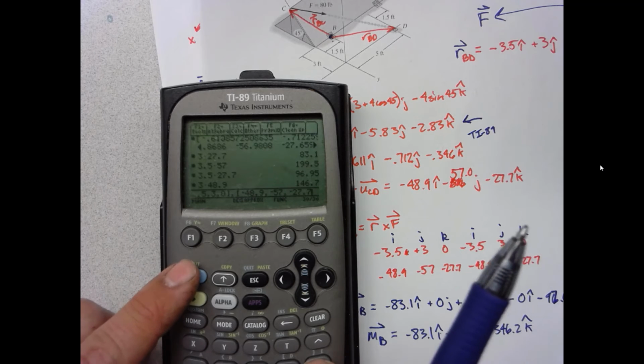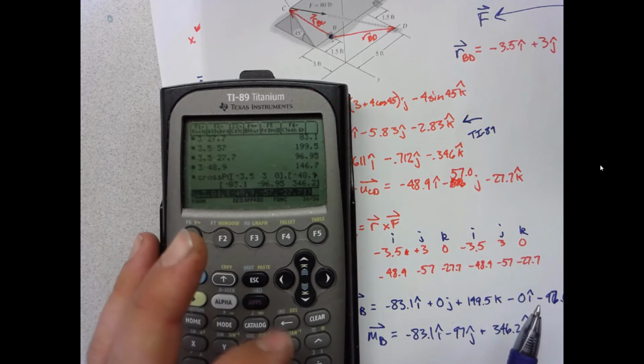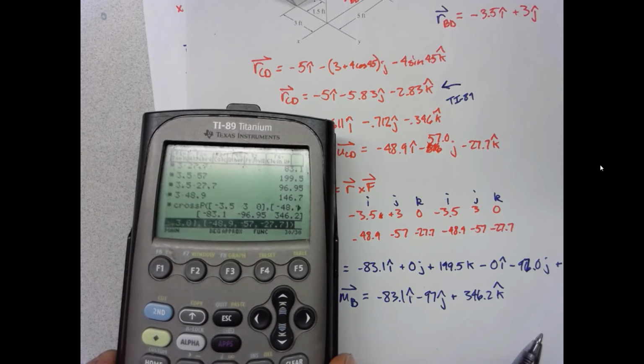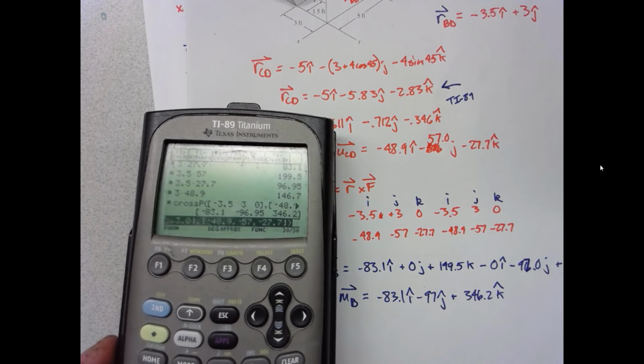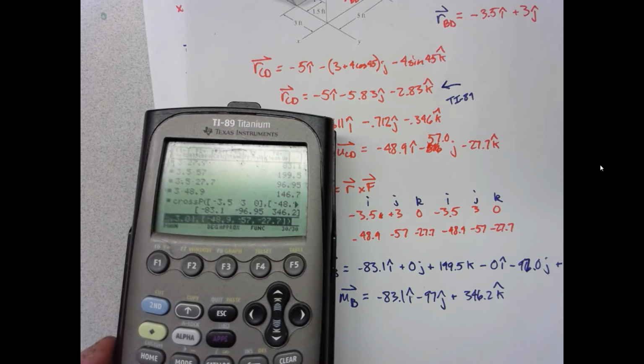And then I close that bracket and close the parentheses and hit enter, and I get something that looks pretty close to what I've got there. That's 83.1, 96.95, 346.2. So I got the same thing doing it by hand or using the calculator.